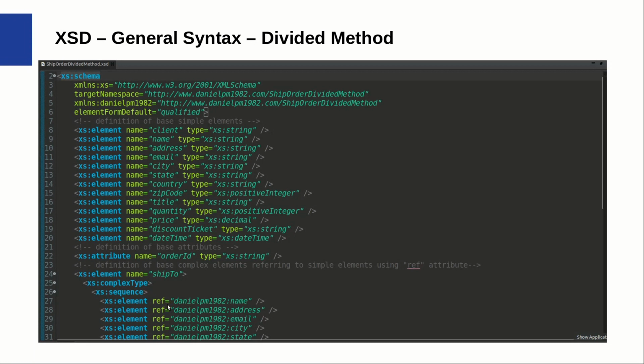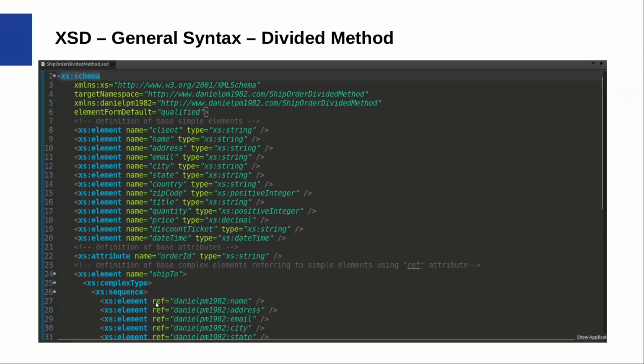Ref equals, in quotes, the custom prefix, which means that we are using the components of this document itself, colon the name of the global element we've declared outside the complex element.